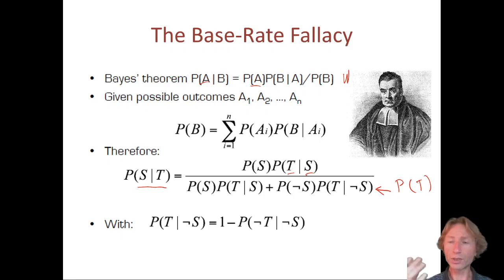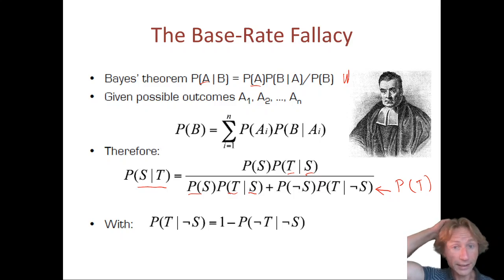The probability of testing positively can be calculated as the probability of testing positively in case we're not sick times the probability that we're not sick, plus the probability of testing positively when we're sick times the probability that we are sick, the incidence rate.